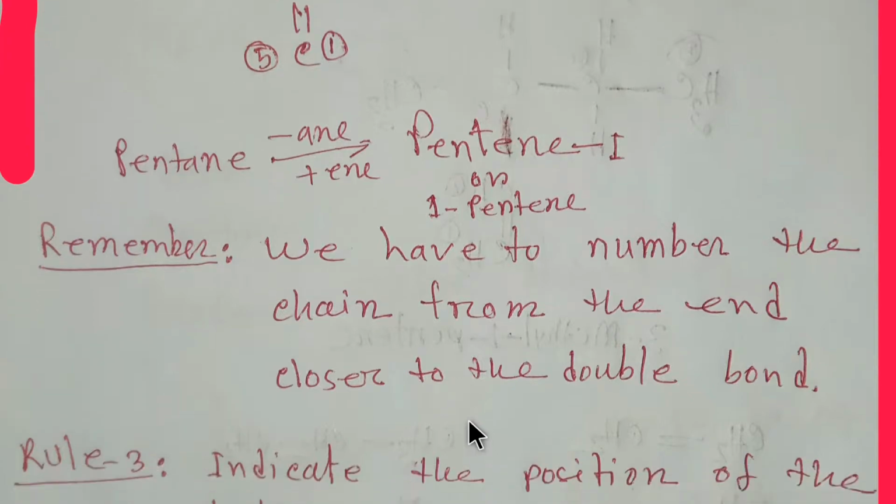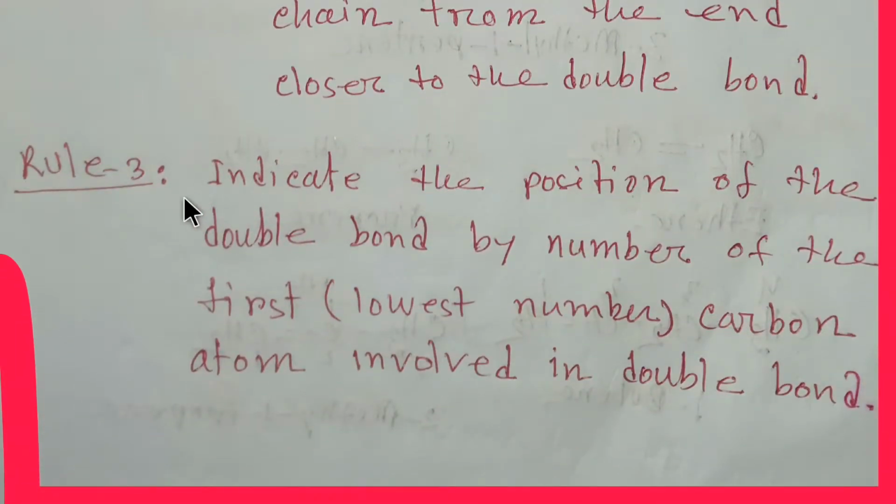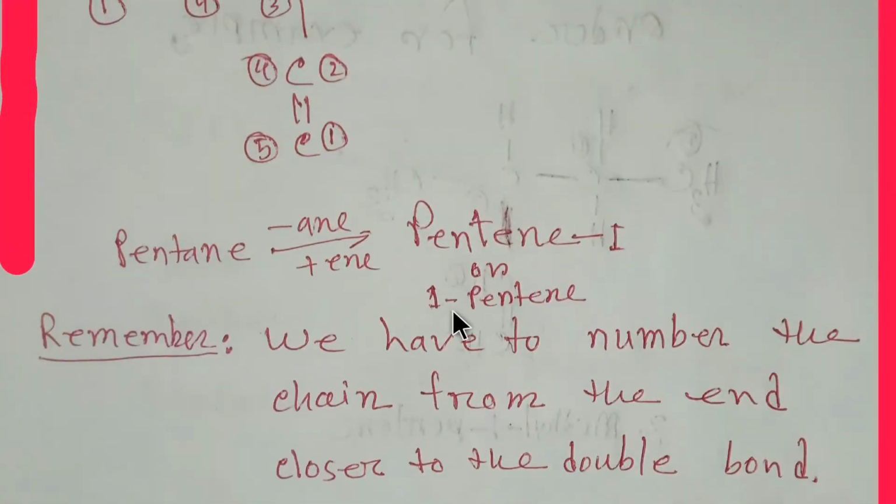This has nothing new. Rule number 3. Indicate the position of the double bond by the number of the first, that is the lowest number, carbon atom involved in the double bond. Here we have already done it. We are expressing the double bond at the lowest possible number.